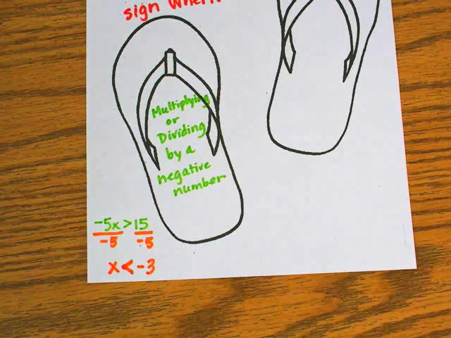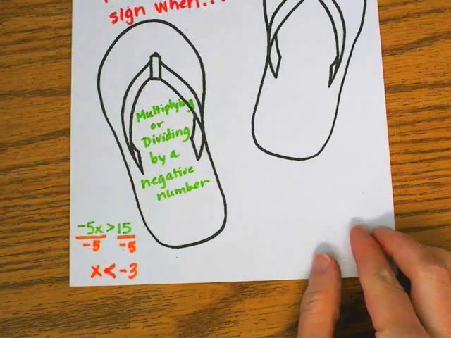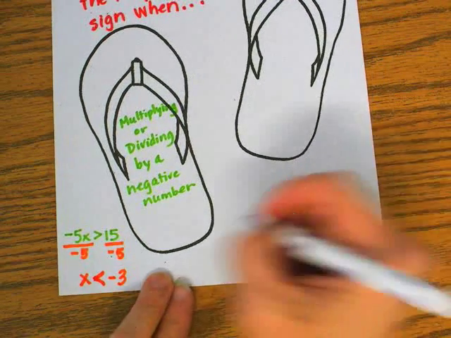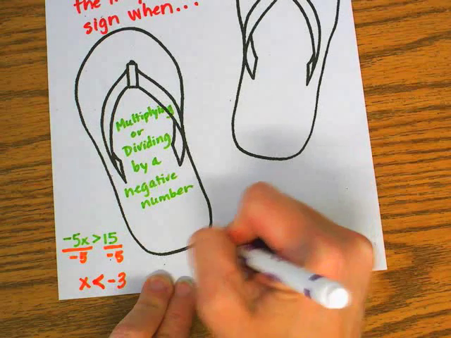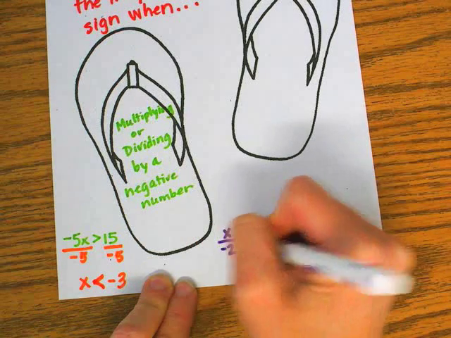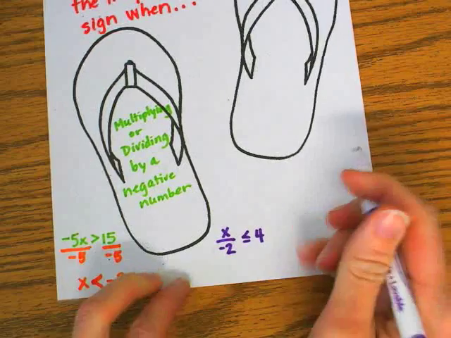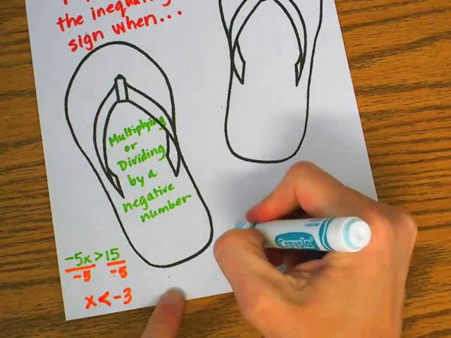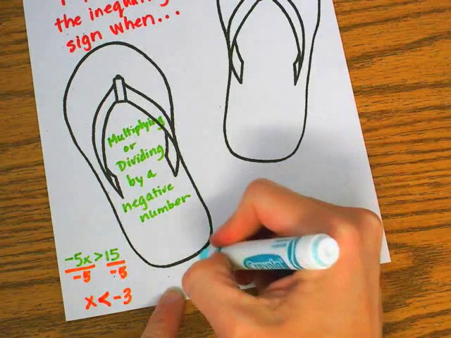An example of multiplying by a negative number would look like this. If you had something like x divided by negative 2 is less than or equal to 4, then to solve that inequality, we need to multiply both of those sides by negative 2. So I'm going to show that I'm multiplying by negative 2 on the left.